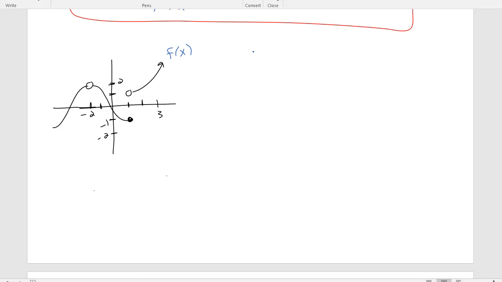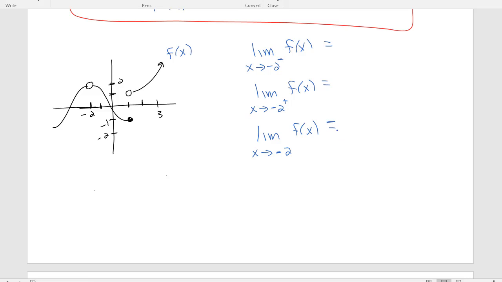I want to look at all three possible limits here: the limit of f as we approach -2 from the left, the limit as we approach -2 from the right, and then the two-sided limit. Sorry, those are all supposed to be -2's. Let me fix those real quick. Alright, we're approaching -2 from the left, from the right, and from both sides.